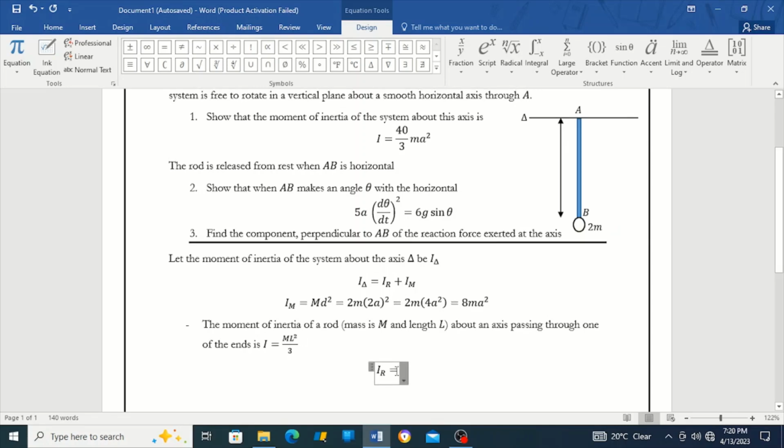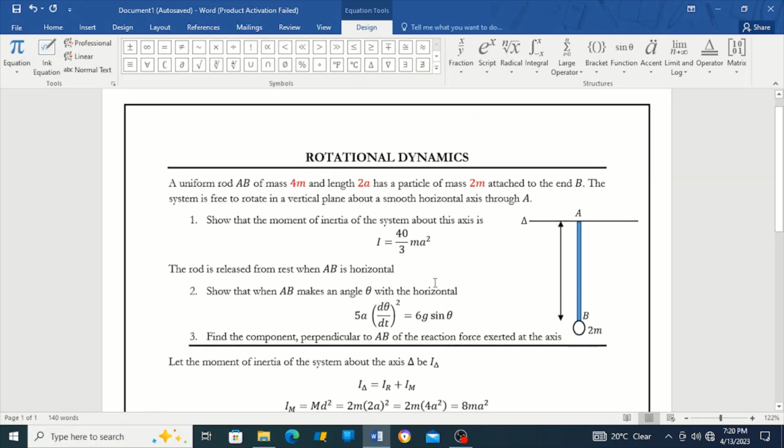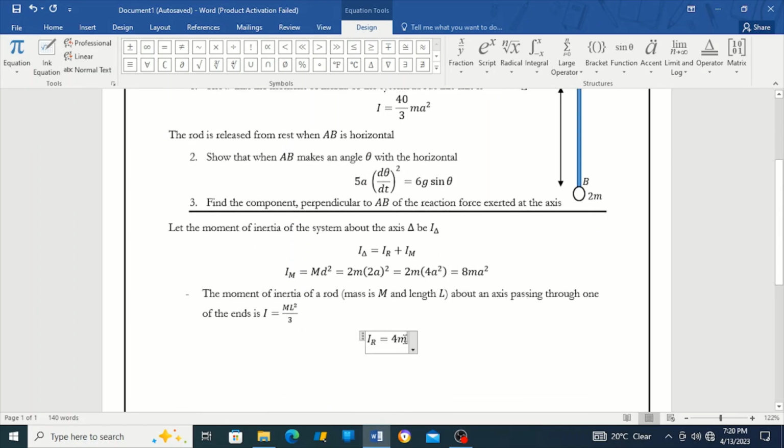In this case, the mass of the rod is 4m and the length is 2a, so we have 4m times 2a all squared, divided by 3. This gives us 4m divided by 3 times 4a squared, which is 16ma squared divided by 3.